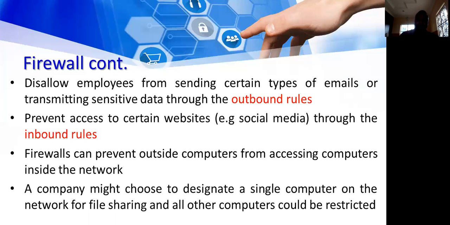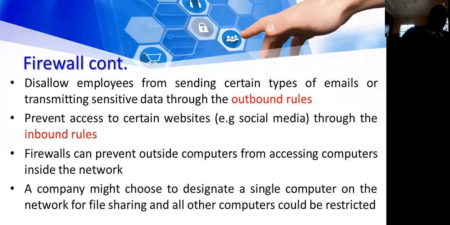You set outbound rules when you want to allow or disallow certain communication from your system to the external network. And you set inbound rules if you want to allow or disallow certain communication from the external network to your own network. So a firewall can prevent outside computers from accessing computers inside the network.